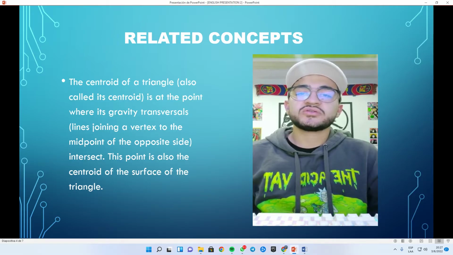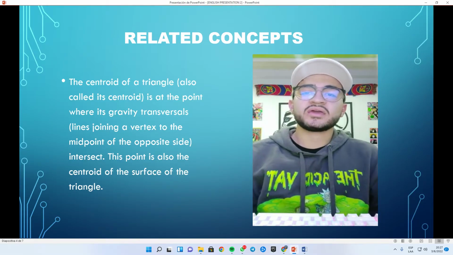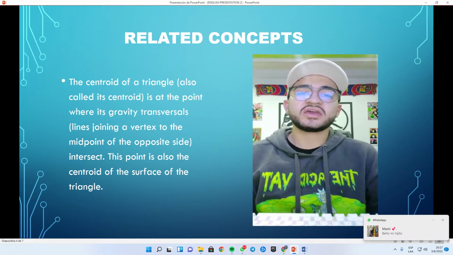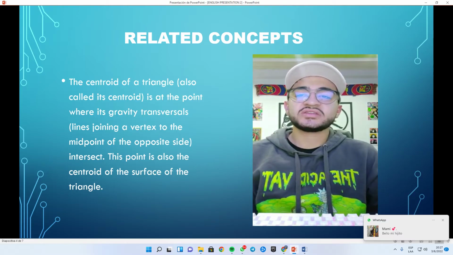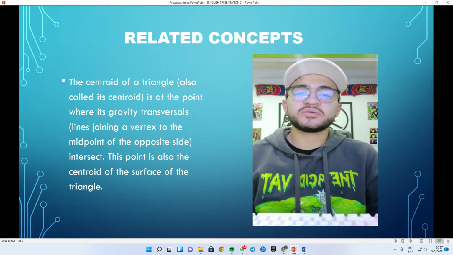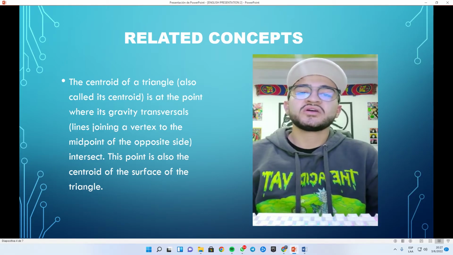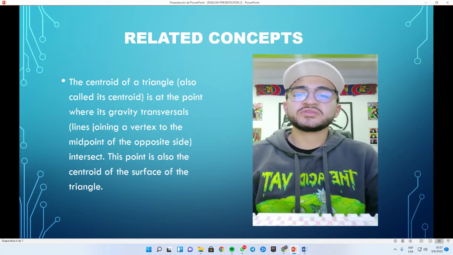The centroid or midpoint of a segment AB is at the center of AB. The centroid of a triangle with vertices ABC lies at the intersection of the three medians of the triangle. At that same point is also the center of gravity of the surface of the triangle ABC.